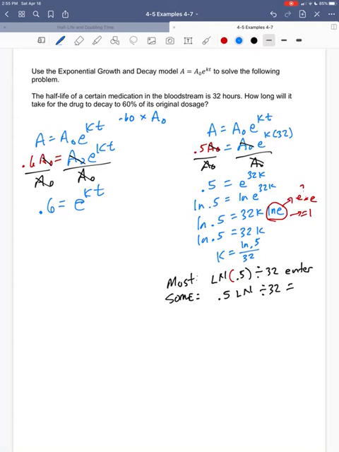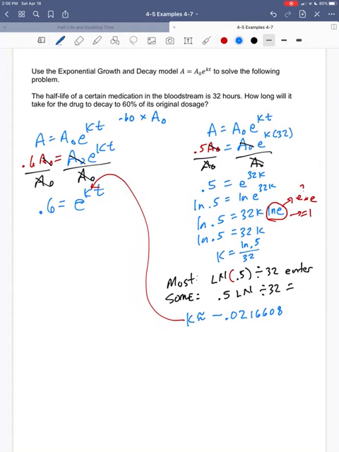We're going to want to carry around lots of digits for this value of k, and so if we do this on the calculator, you should get k is approximately negative 0.0216608.